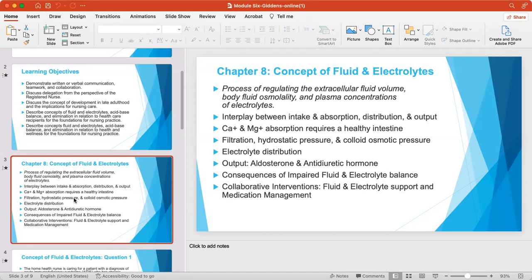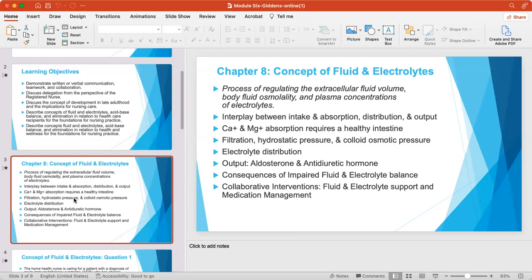Intake is what the body takes in, the addition of fluid and electrolytes that come into the blood. Once it gets into the blood, that's referred to as absorption. Distribution, however, is the process of moving fluid and electrolytes between the various body fluid compartments.